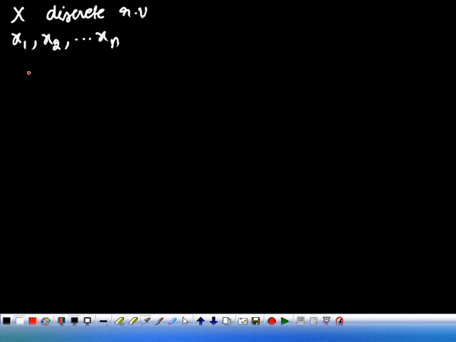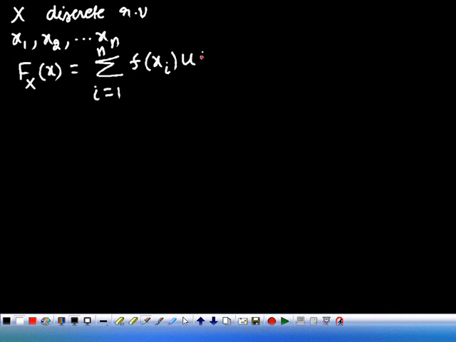Then the CDF can be written as sigma i equivalent to 1 to n, f of xi, u of x minus xi.